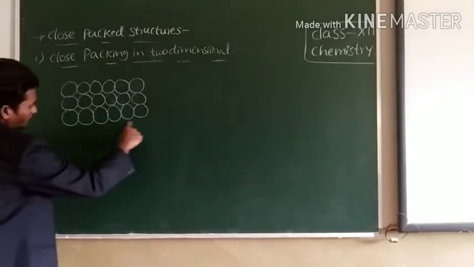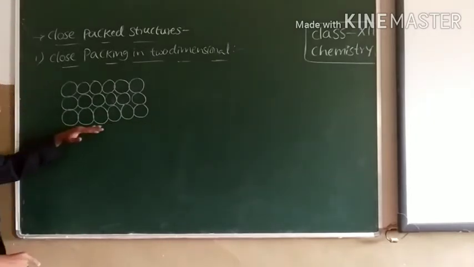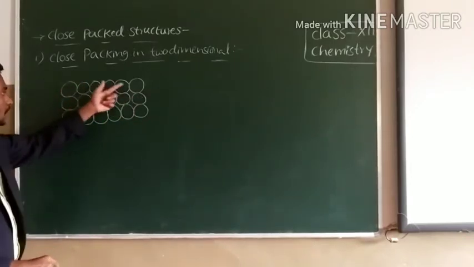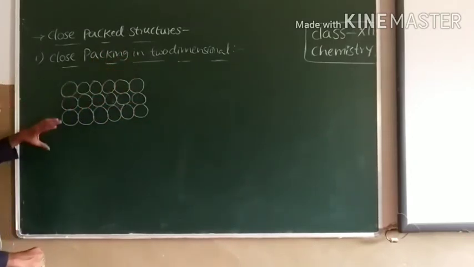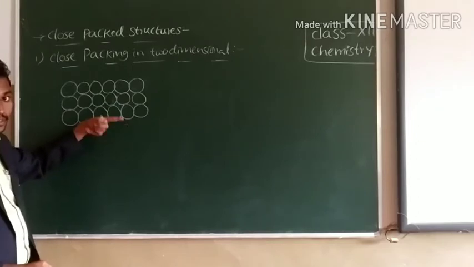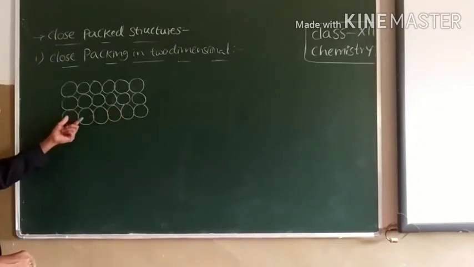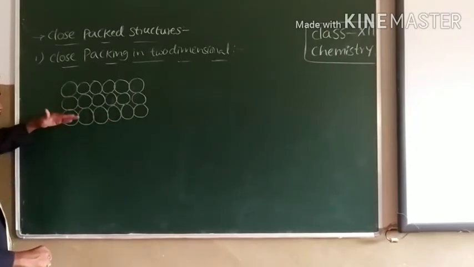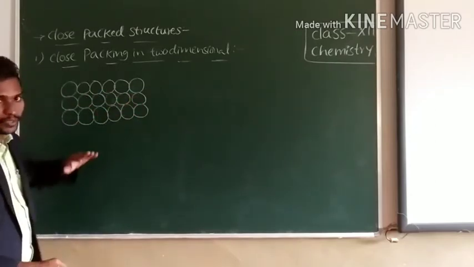Here, this is the first row. This first row is made up of a number of atoms, and this is the second row. This is the third row, and so on. In this arrangement, the second row is attached to the first row in such a way that the spheres of the second row are directly placed on the spheres of the first row.